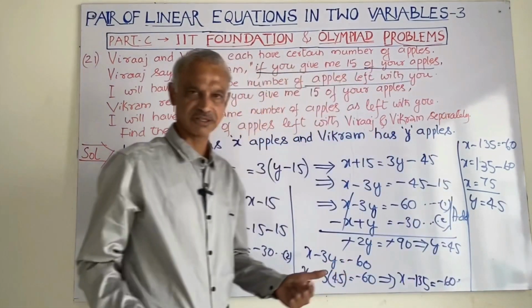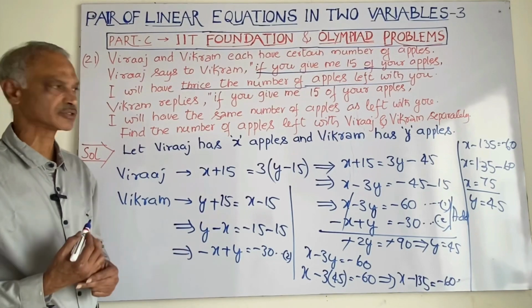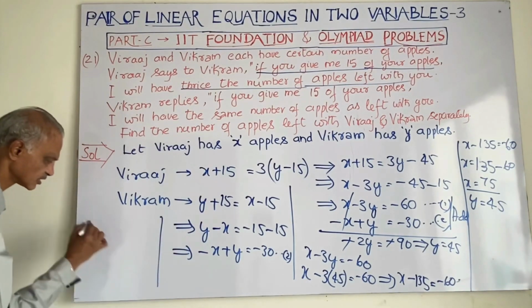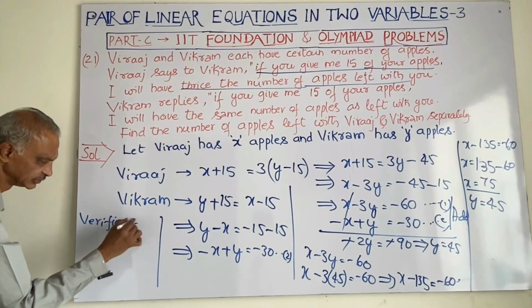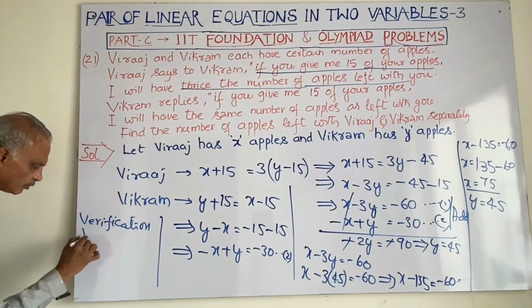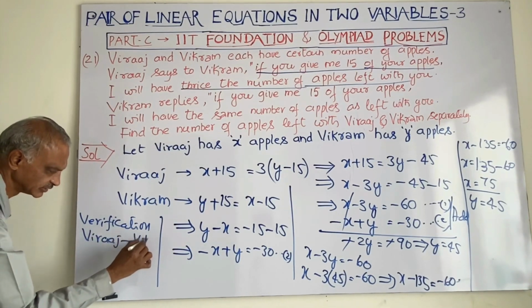X is equal to 75 and Y is equal to 45. Let us check whether our answer is true or false. Verification. I will do the verification here. Now Viraj and Vikram.